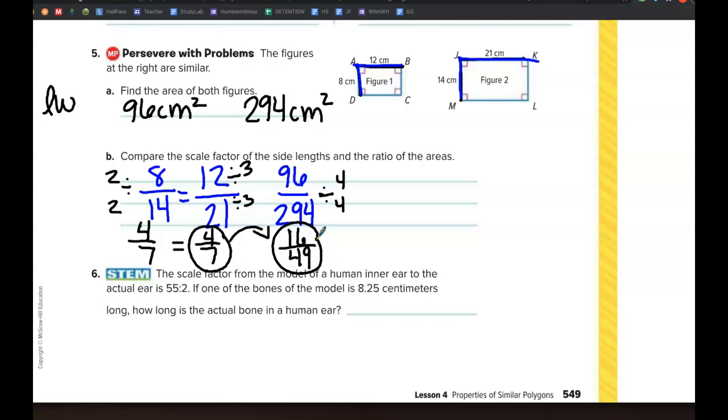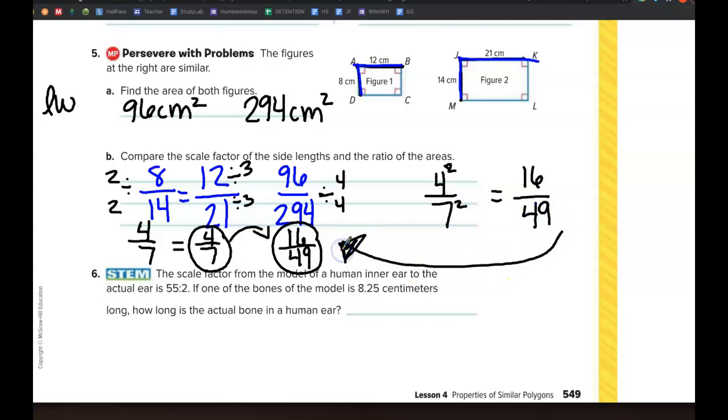Looking at the numbers, if I took 4/7 and I squared both the top and the bottom, I would get the ratio 16 over 49, which is the area. So when you're comparing the ratios of the side lengths to the ratios of the areas, you would take both the top number squared and the bottom number squared, because you are talking about area, which is square units. Okay? So if you just showed some work for that, that is fine.